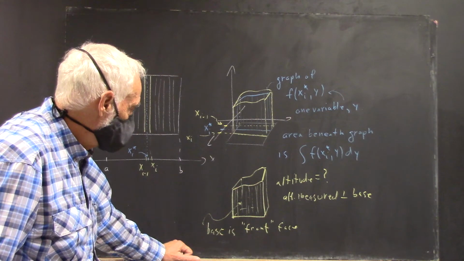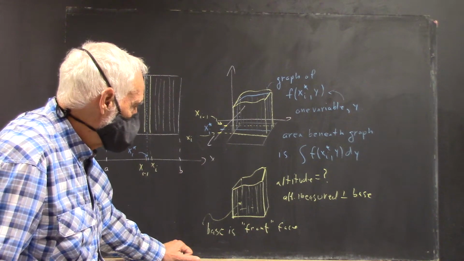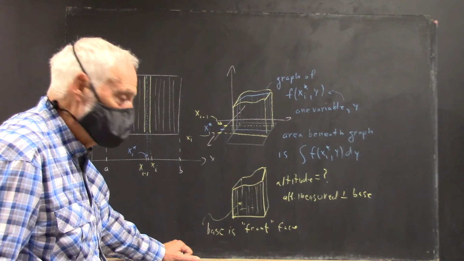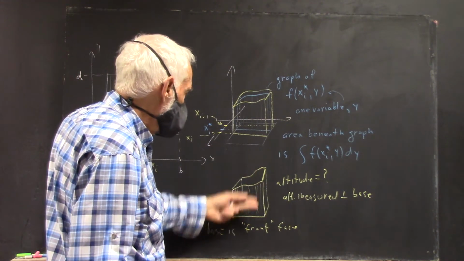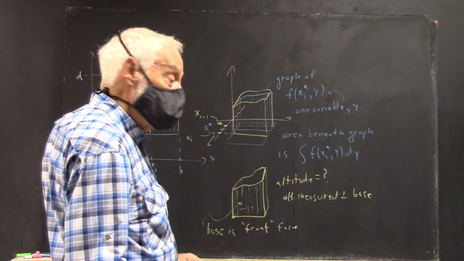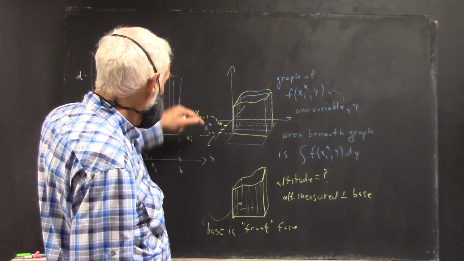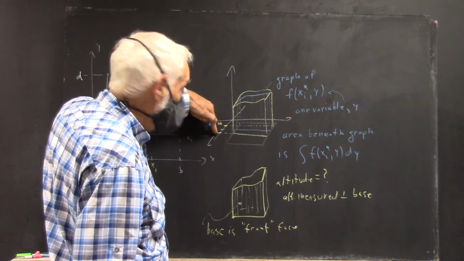Okay, well, anyhow. So the altitude is measured perpendicular to the base, so now we could write down what the altitude is. How far is it from this face to the back face, because that's where the altitude is? Well, it's just the difference between this coordinate and this coordinate.